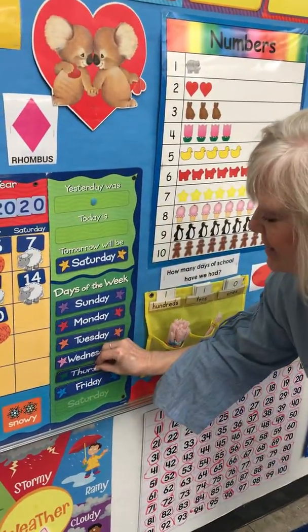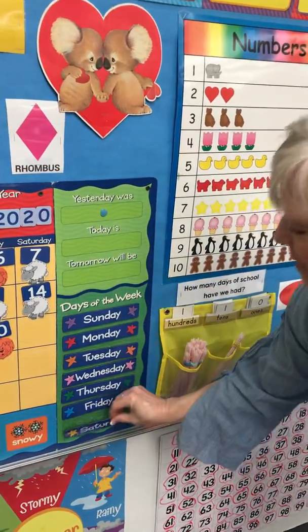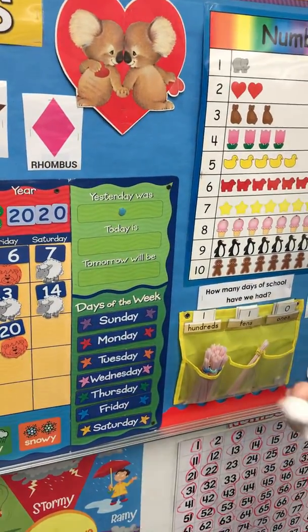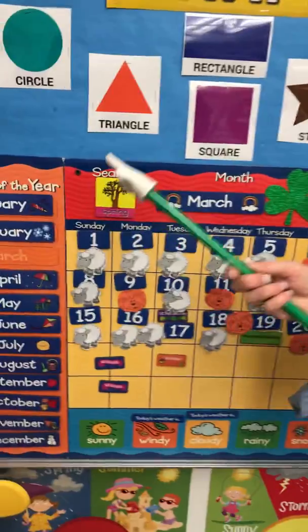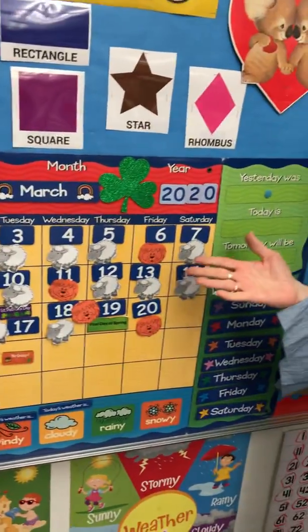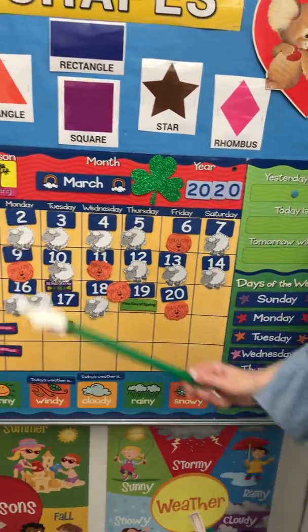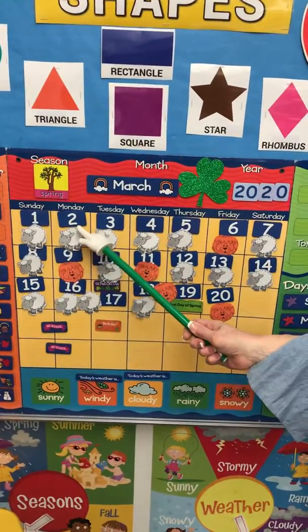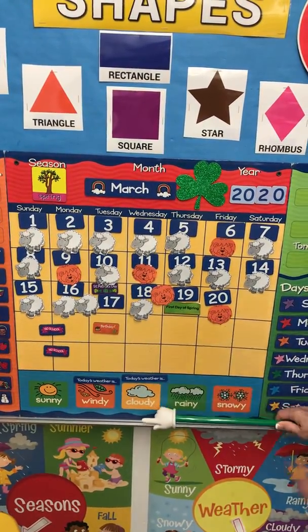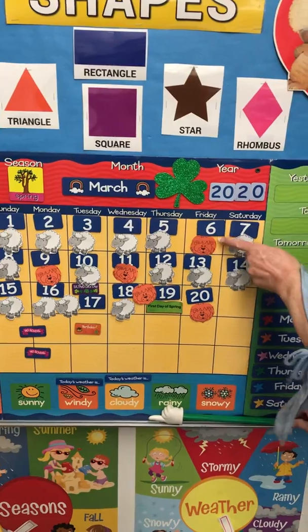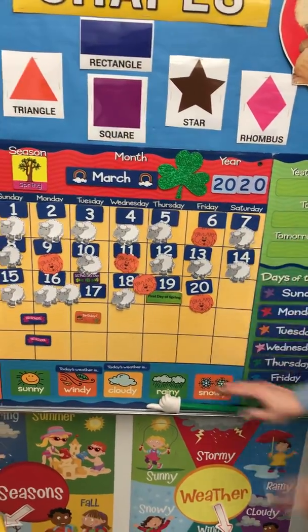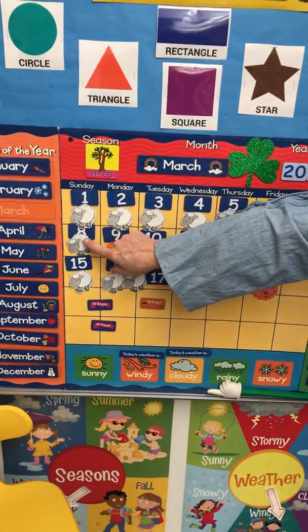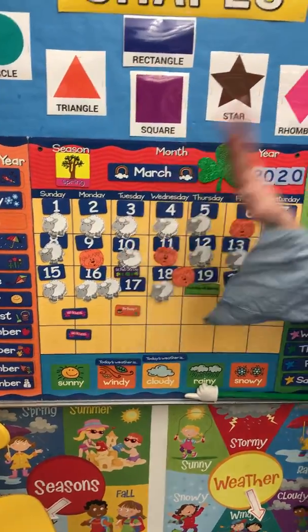Let's put all our days down because it's a new week. So our days of the week have changed, haven't they? Oh, wait. We have to count how many days we've had in March. Let's count our days first. 1, 2, 3, 4, 5, 6, 7, 8 under the lambs, 9, 10.